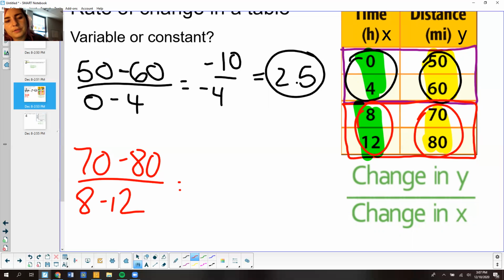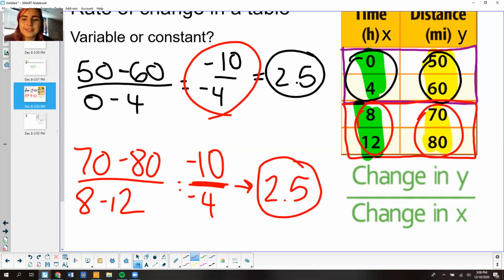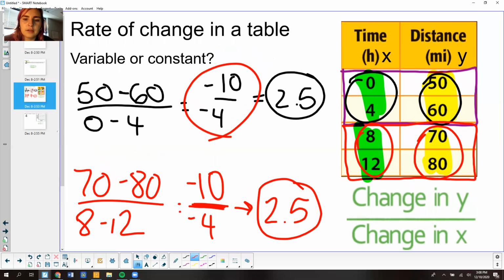So 70 minus 80 gives me negative 10, divided by 8 minus 12, which gives me negative 4 again. We have the same ratio as the first time. Remember, the bar between the negative 10 and the negative 4 represents division. So negative 10 divided by negative 4 gives us a positive 2.5. So the rate of change for this entire table, since we got it by checking twice, is 2.5.